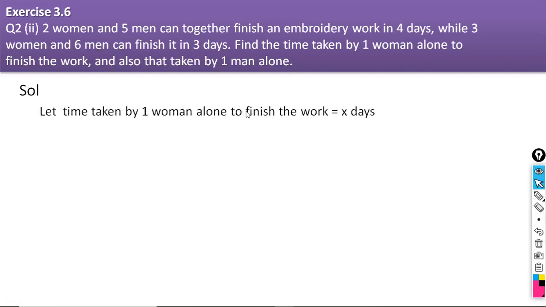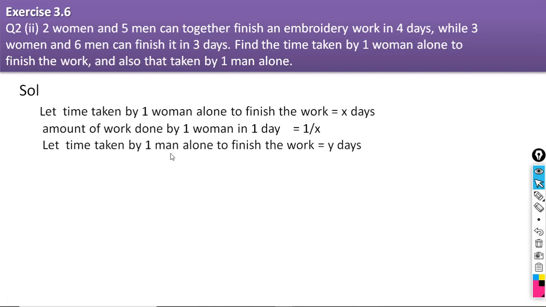So let the time taken by one woman alone to finish the work be x days. As I discussed earlier, the amount of work done by a woman in a day is 1 by x. Similarly, the time taken by one man alone to finish the work is y days, and the amount of work done by a man in a day is equal to 1 upon y.